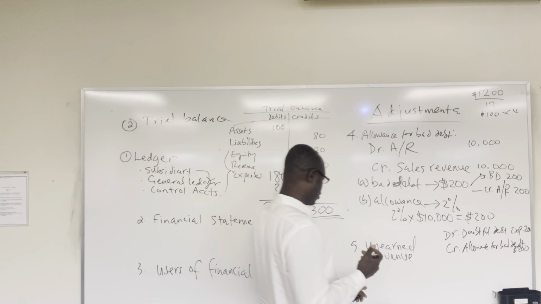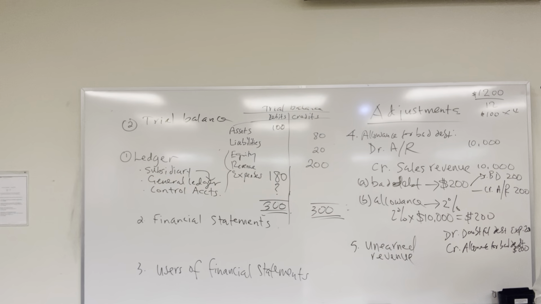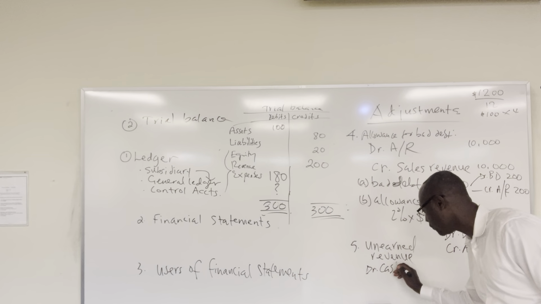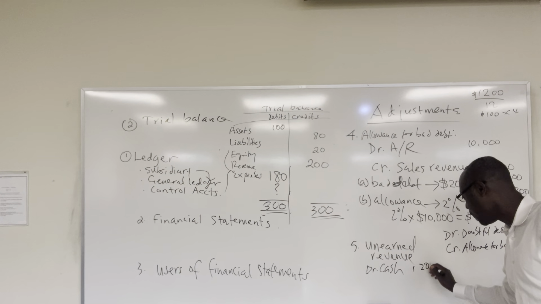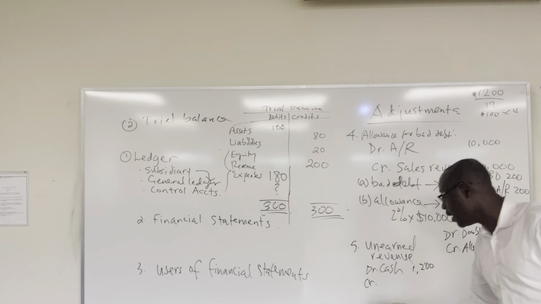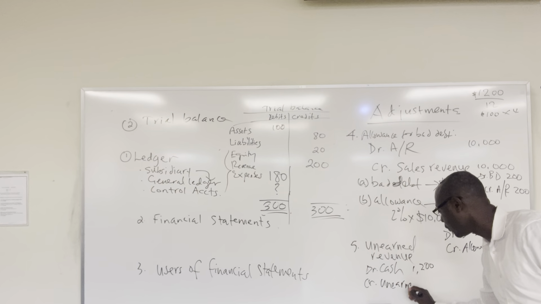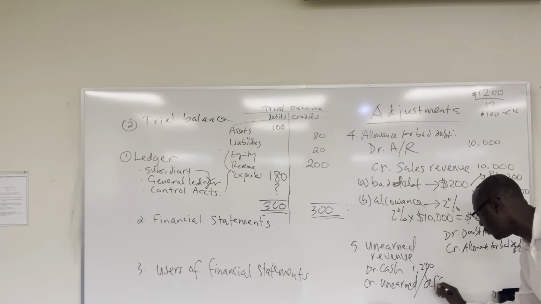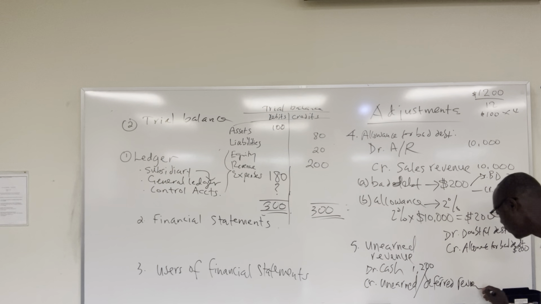So the journal entry for money you have received but not yet earned is to debit cash, because you received it, 1,200, from the perspective of the insurance company. Then you credit unearned or deferred revenue, 1,200.